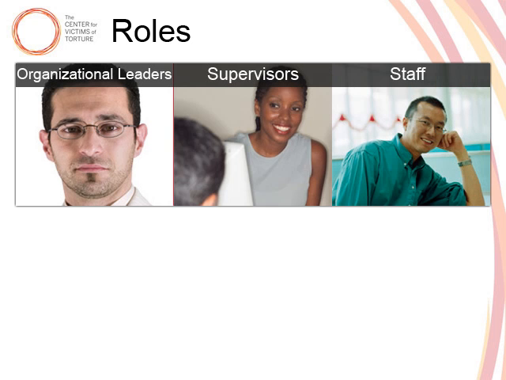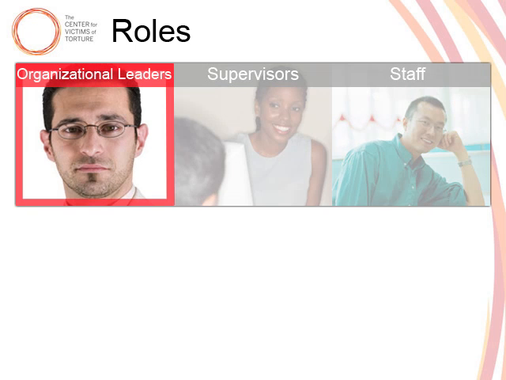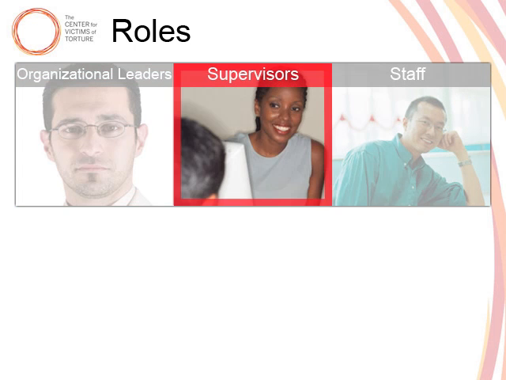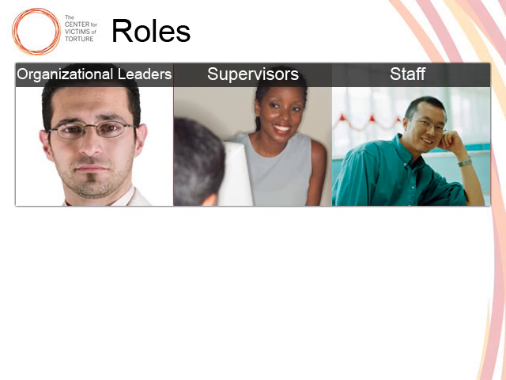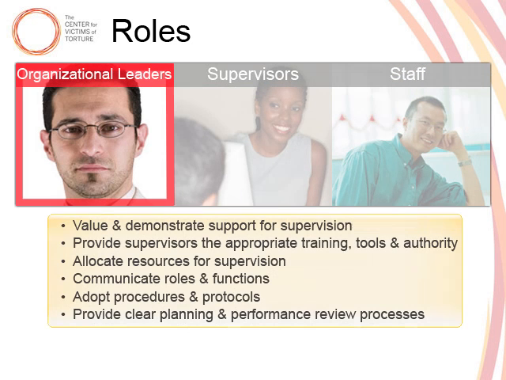In a supportive supervision system, each level has a role in making the system work. Let us take a closer look at the roles and expectations that contribute to supportive supervision at the organizational leadership, supervisor, and staff levels. At the organizational level, leaders value and support supervision within the organization.